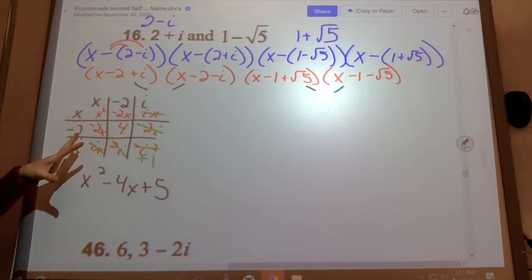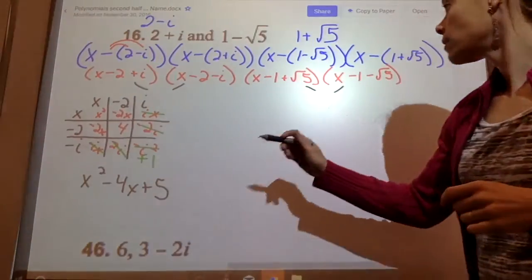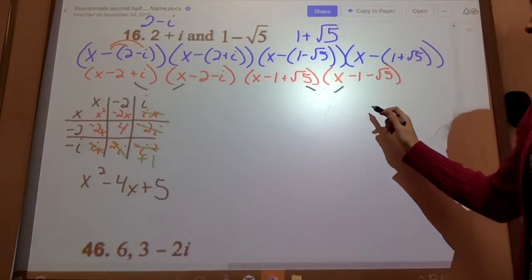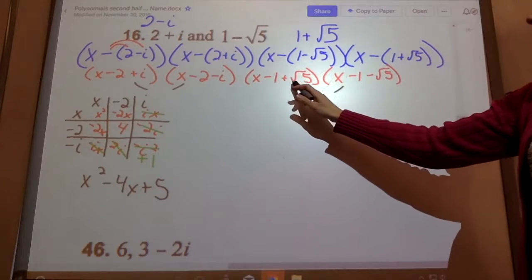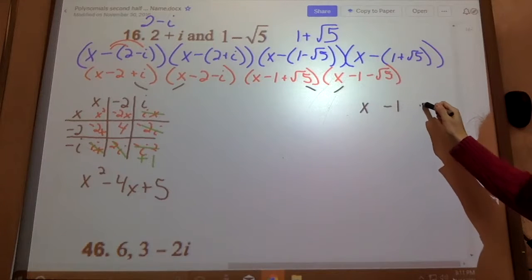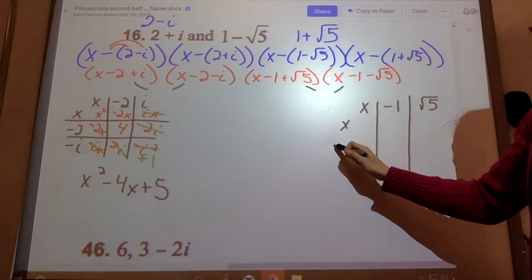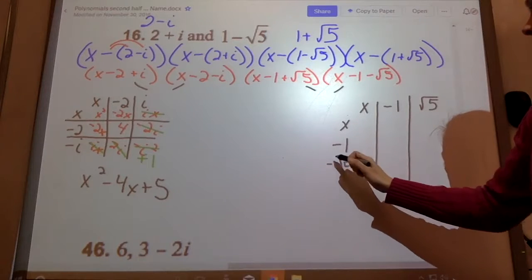Now we need to do that again for my other conjugates. So over here, let that one be my columns. That one can be my rows. Right?